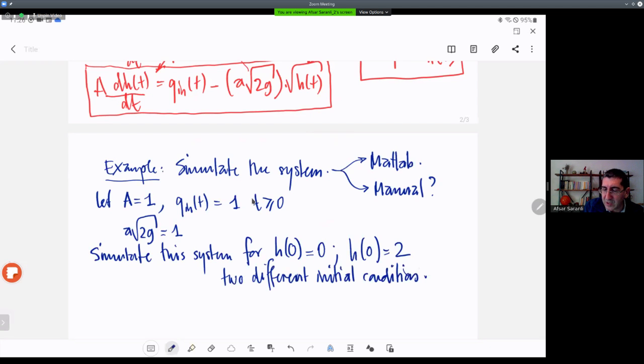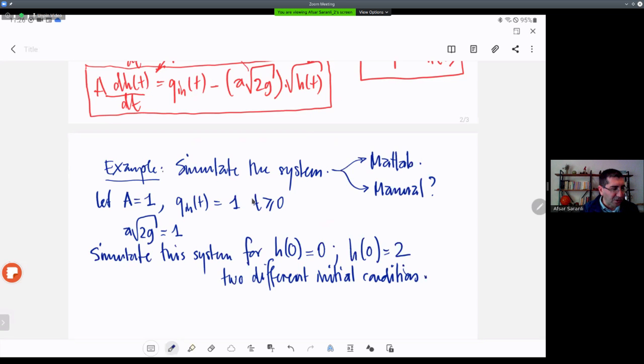Now obviously you cannot transform this into a transfer function, so you cannot use basic linear tools such as the step response in MATLAB. If you want to use MATLAB, you really need to go to the differential equation solver in order to simulate this.